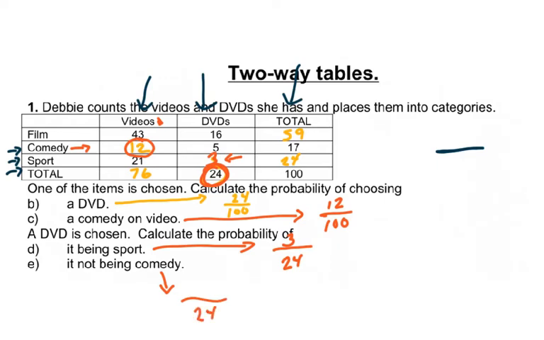And now it's saying out of those 24, how many are not comedies? So 5 are comedies. The remainder are not, so 19 out of 24 are not comedies. And so these are conditionals, but again, understanding the conditional, it would say, given that a DVD is chosen, what's the probability of it not being a comedy?